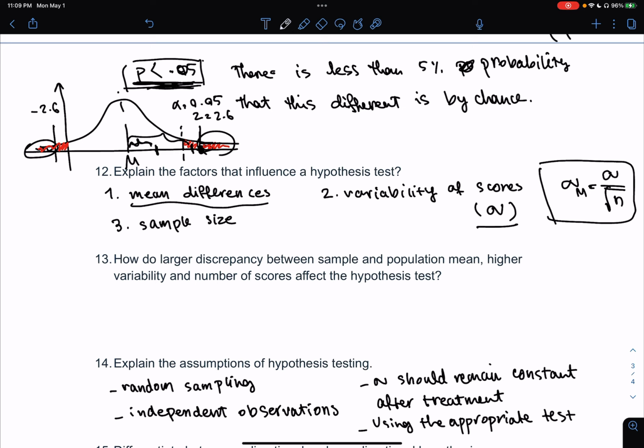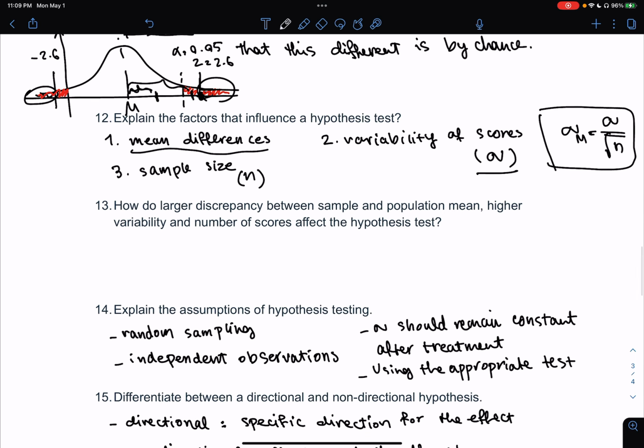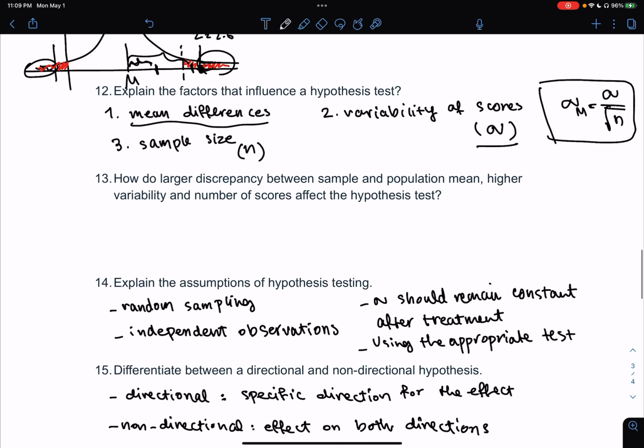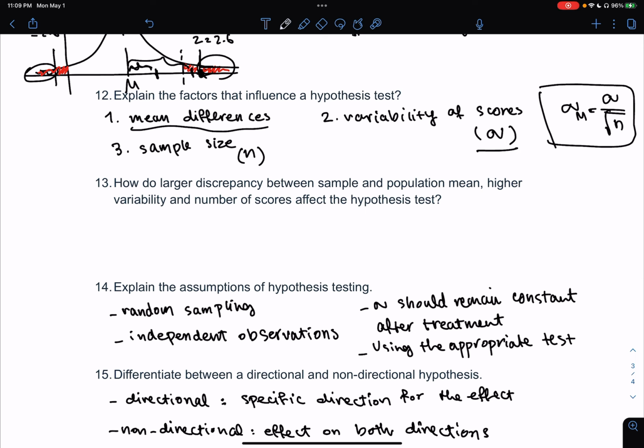And then the sample size is also important. And the mean difference is important because we want to see where within that distribution we are.